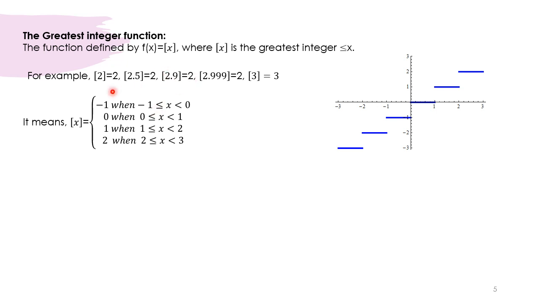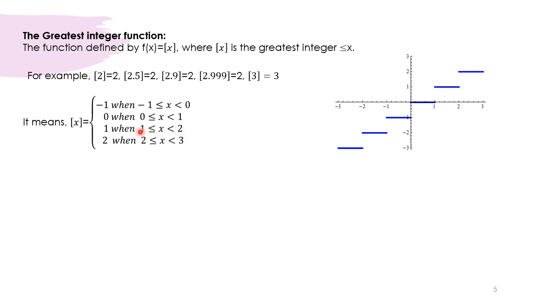So it means the bracket x can be defined in this way. Whenever x is between minus 1 and 0, with minus 1 inclusive, the value is minus 1. At the moment you come to 0, from 0 till 1, with 1 excluded and 0 included, you are getting the value 0, and 1 from 1 till 2.